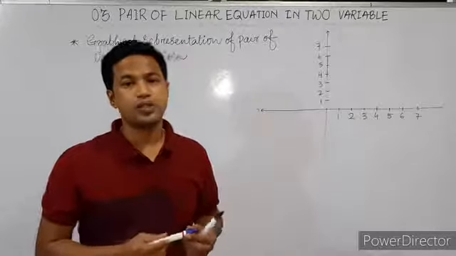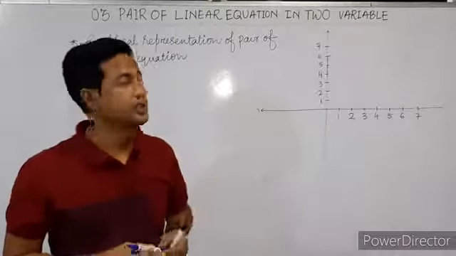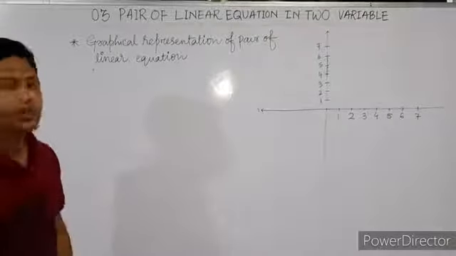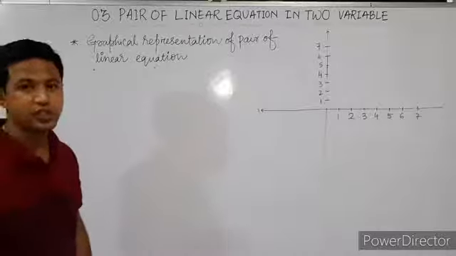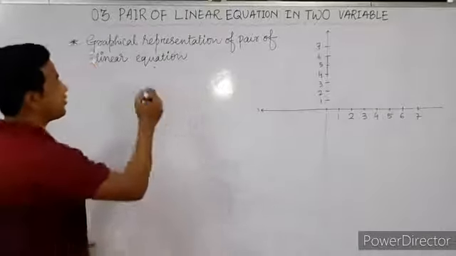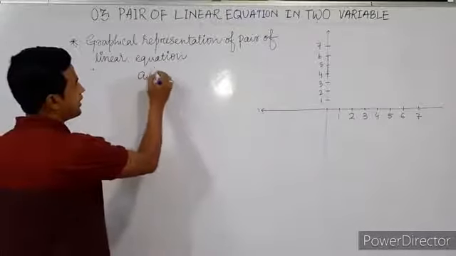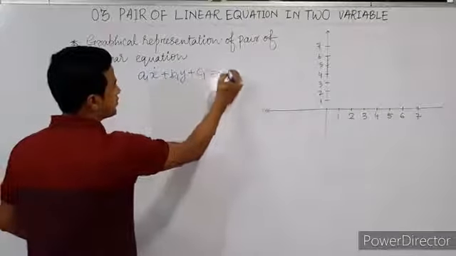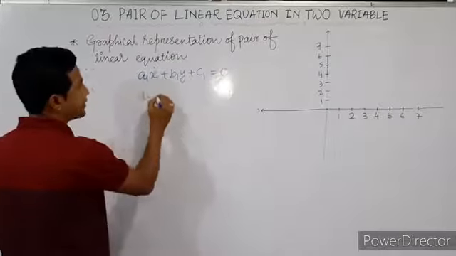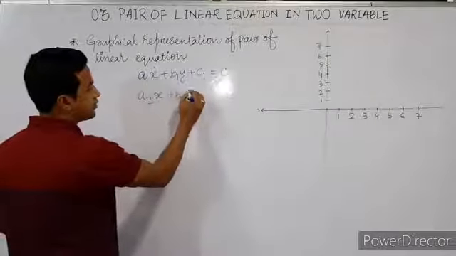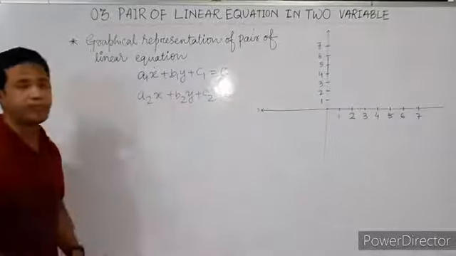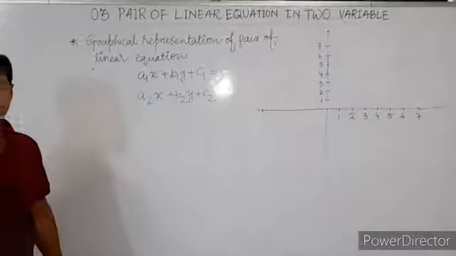Now we are going to start the first topic, the graphical representation of a pair of linear equations. The general form of a pair of linear equations is a1x plus b1y plus c1 equals 0 and a2x plus b2y plus c2 equals 0.